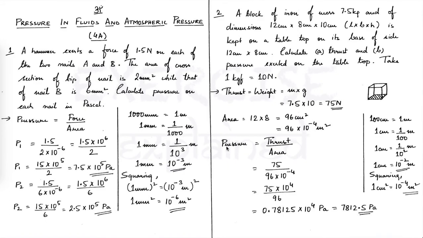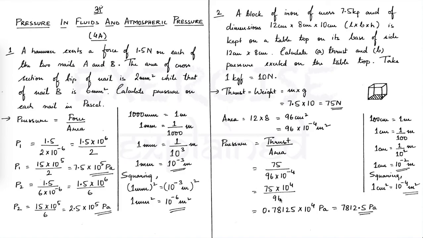Pressure is equal to thrust by area. So thrust happens to be 75 newtons divided by area, which happens to be 96 into 10 to the power of minus 4. Now minus 4 goes to the numerator, becomes plus 4, and I get it as 75 into 10 to the power of plus 4 divided by 96.